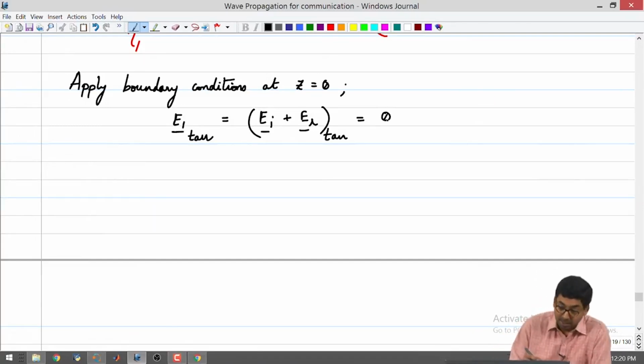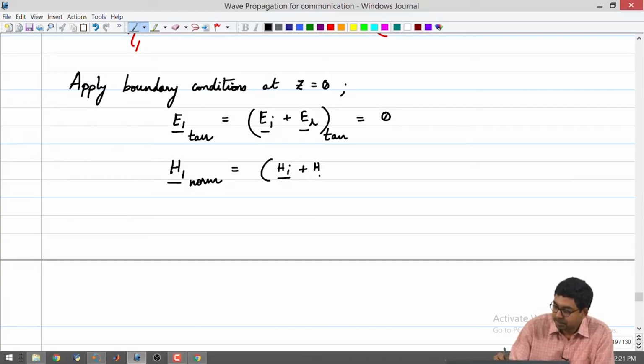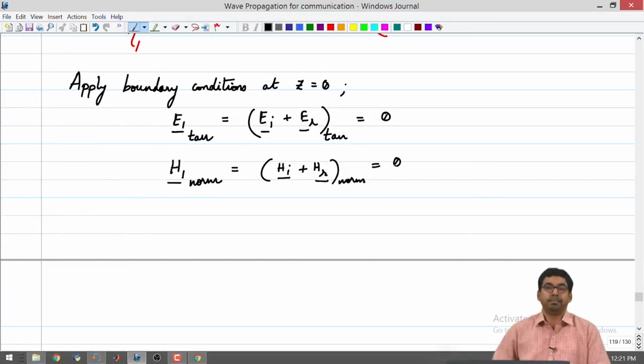For the magnetic field, the condition is different, and we need to be a little careful. We have a condition for the normal component of the magnetic fields. This will ensure that you do not have fields inside of the conductor.